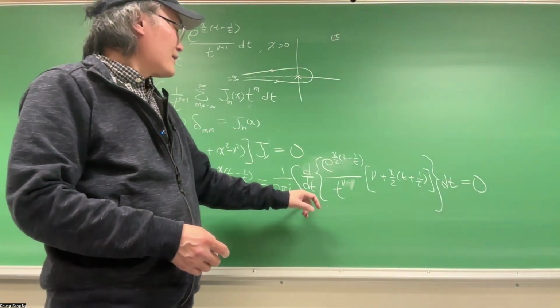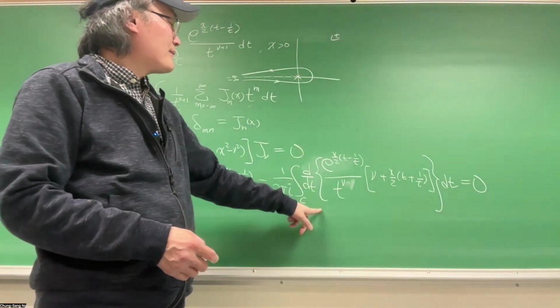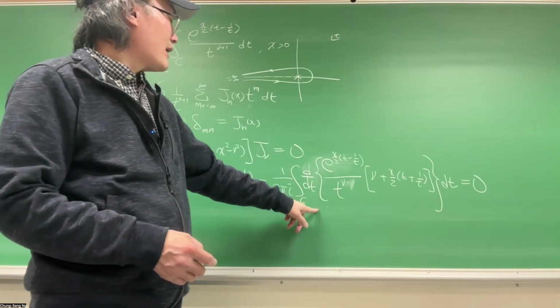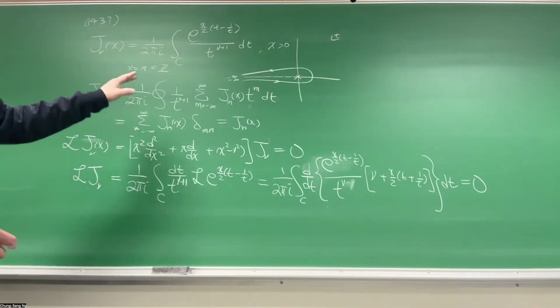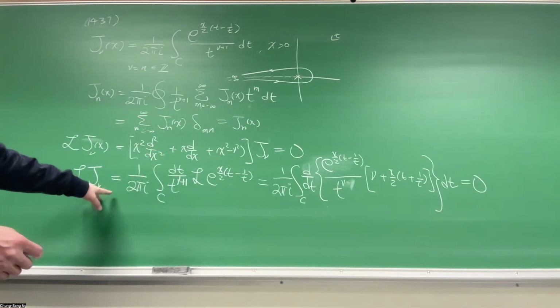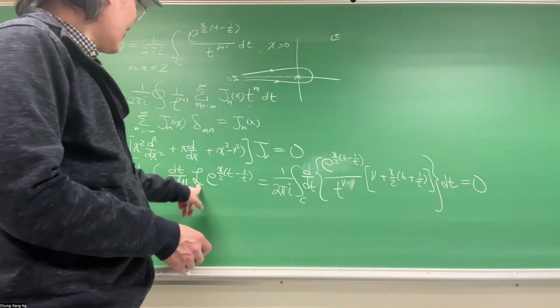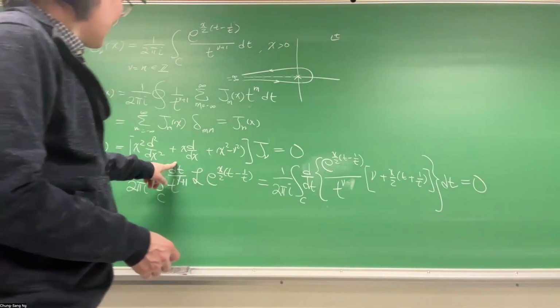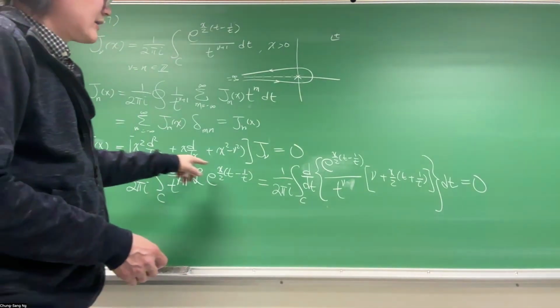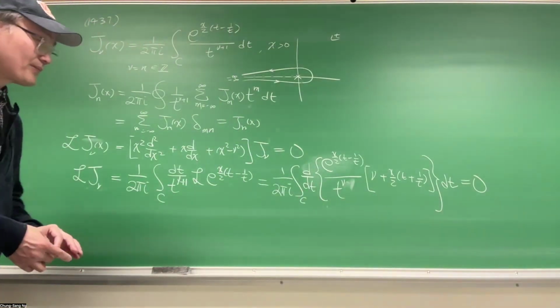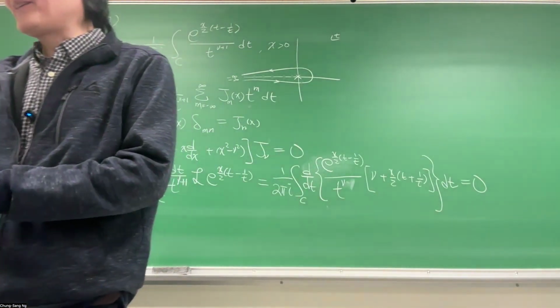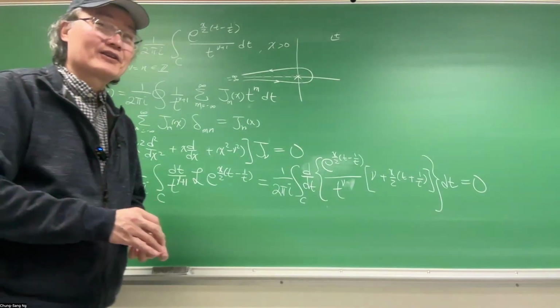It's okay. So the main task, or the most involved task in showing this, is to show that the L operator, with this L defined like that, operating on this can be written in this form, which I'm not showing right now, but you work on that in the homework.